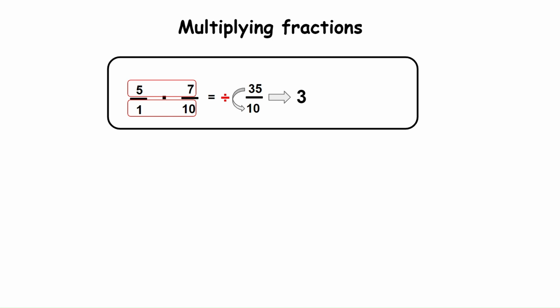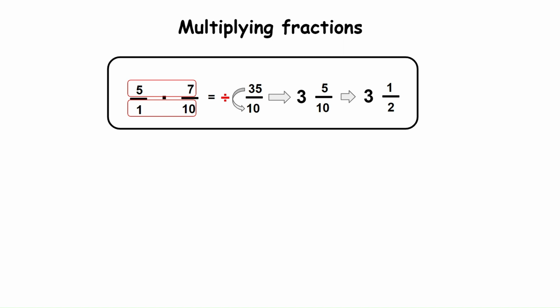Our remainder, what's left over, is going to be our numerator. So that will be 5. We have 5 left over. And our denominator is going to be the same as in the improper fraction. So that's 3 and 5/10. And 5 over 10 can be reduced to 1 over 2.